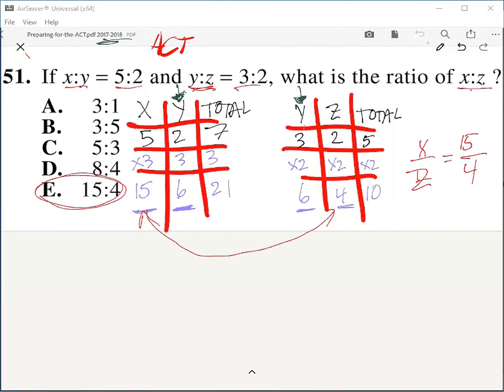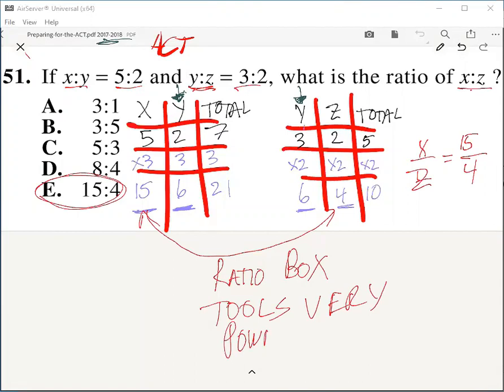So again, ratio boxes, very powerful tools. I would definitely recommend you learn how to use them, because they can save you a lot of time, and they make it pretty easy to solve questions that are considered relatively difficult.